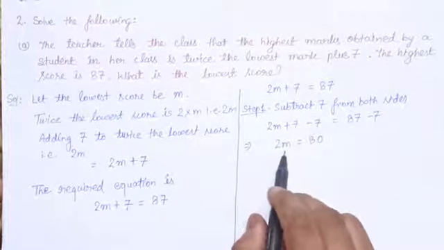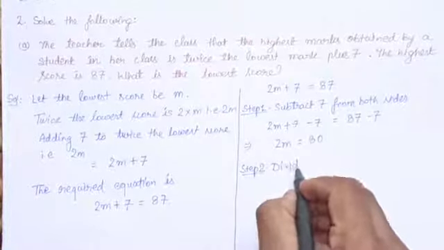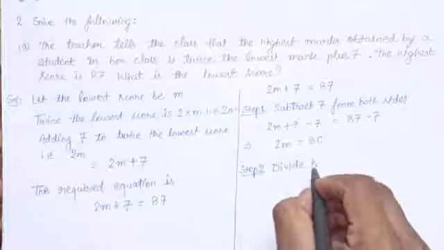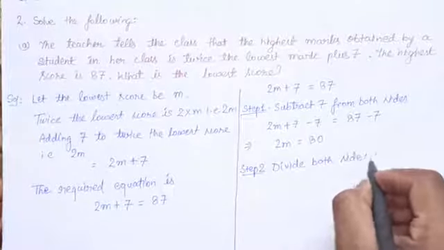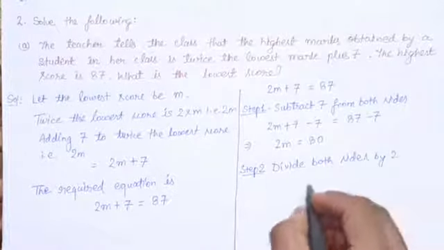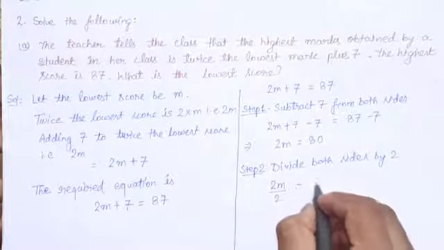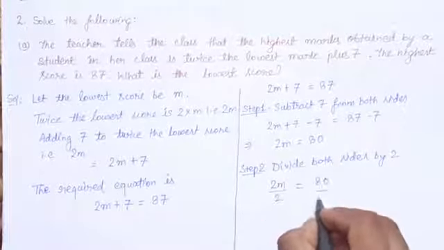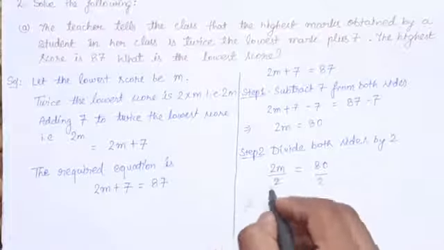But again here you can see that in the left hand side we have 2m. So in order to obtain m, in step 2, divide both sides by 2. So we have 2m divided by 2 equals 80 by 2. So here you can see that 2 and 2 cancel out.